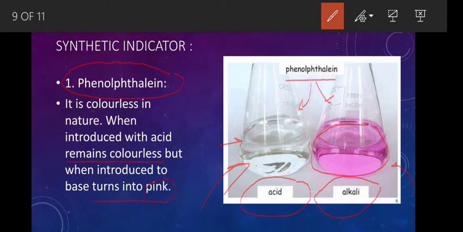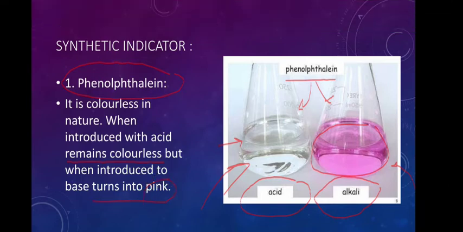So now phenolphthalein, when we introduce it to acidic, of what color it is? It is colorless. But when you introduce it to base, it becomes pink. So basically, if any solution you put phenolphthalein in, if there is base in it, it will turn pink. But if it is acidic, it is colorless. That we have seen just now, right?